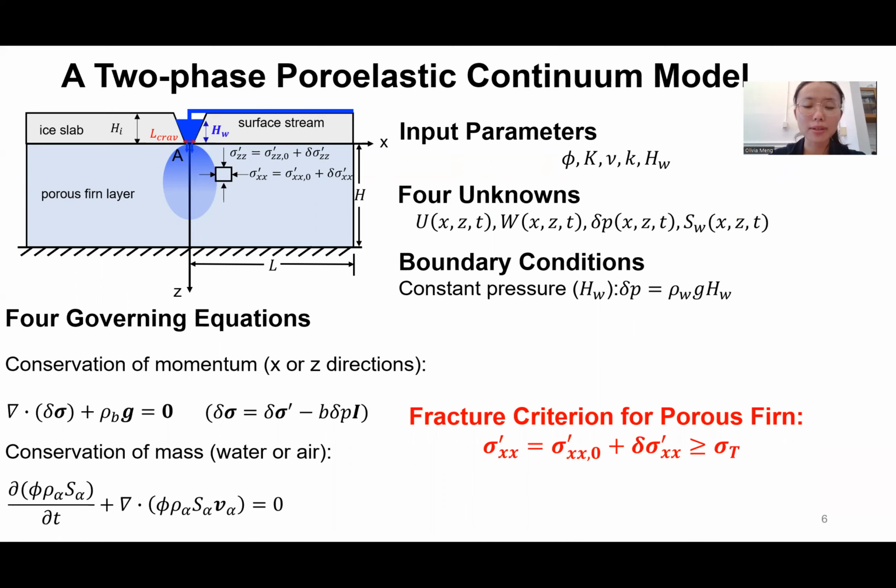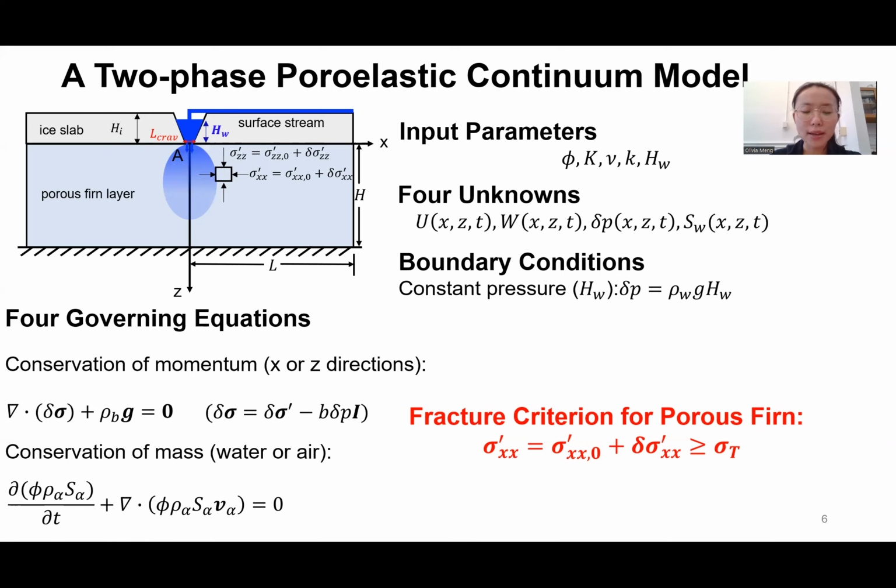The input parameters are porosity, bulk modulus, Poisson ratio, and permeability of the firn layer, and water column height above the crevasse tip as boundary condition. The four unknowns are displacements of the firn skeleton in both X and Z directions, and pressure and water saturation fields.